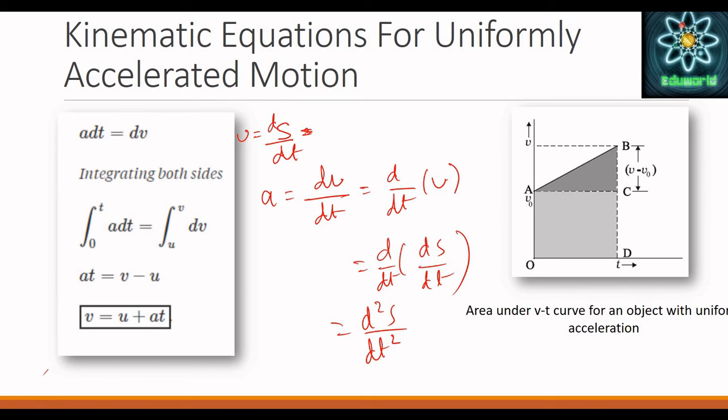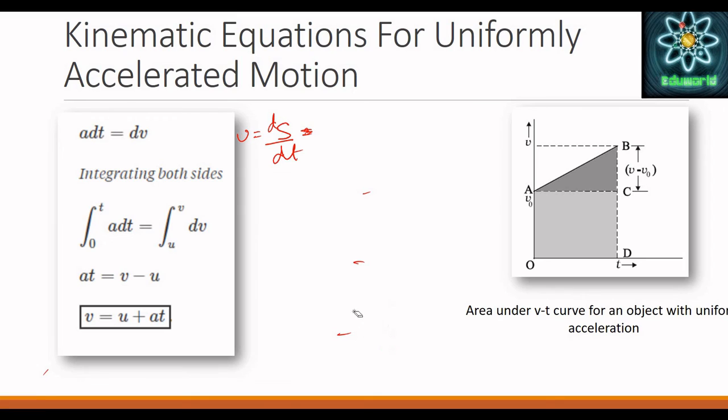As we get to know, acceleration is nothing but the rate of change of velocity, so we can write it as: say the velocity previously was u, and after time t it is v.